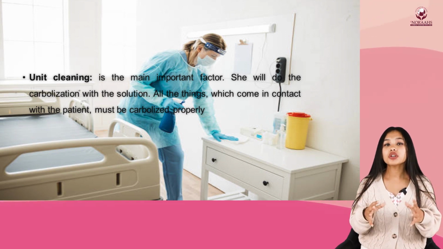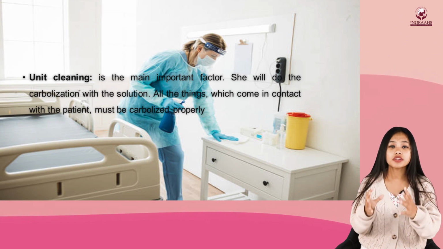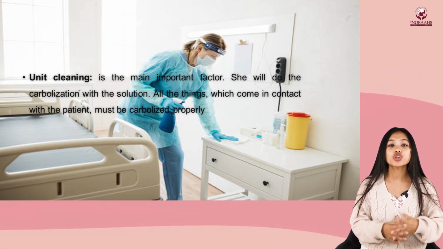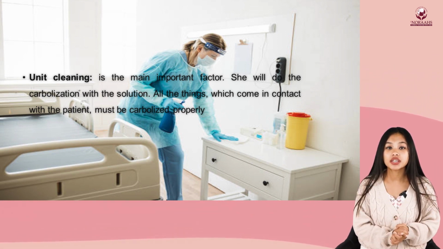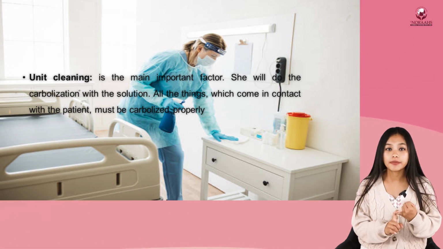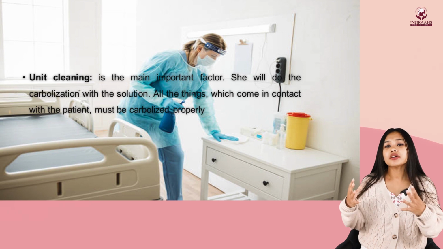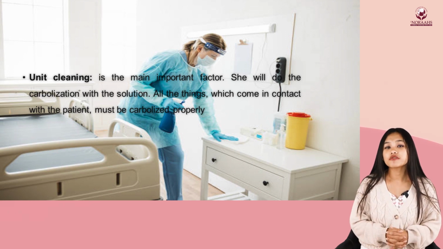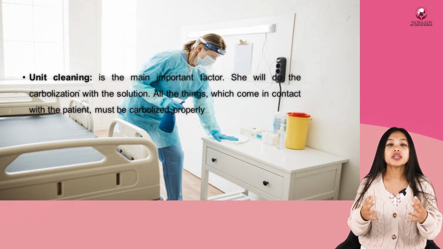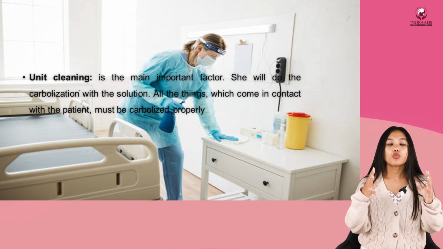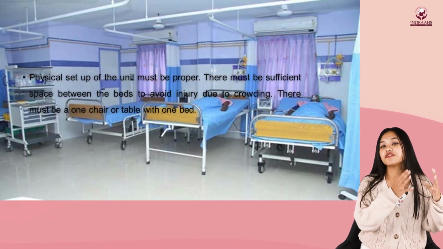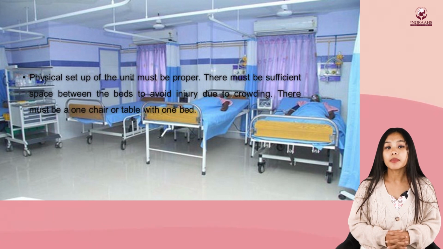Not only the unit, but each and every equipment which will come in contact with the client, such as the bed, locker, cardiac table, IV stand, and any other equipment we will be using for the client, must be carbolized properly. We must also make sure that the physical setup of the unit is proper.